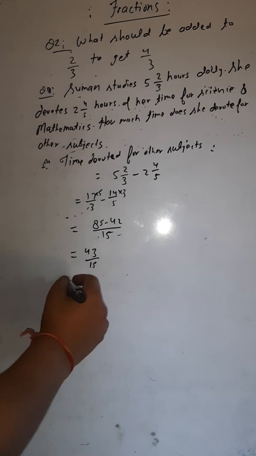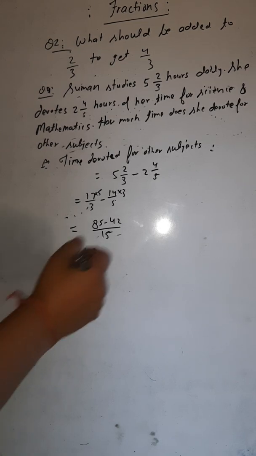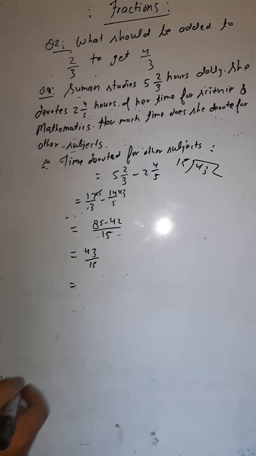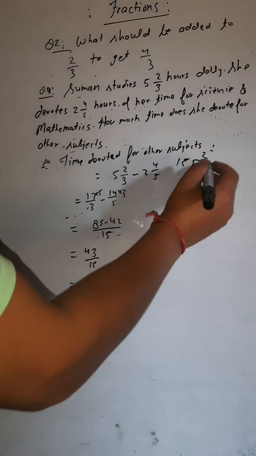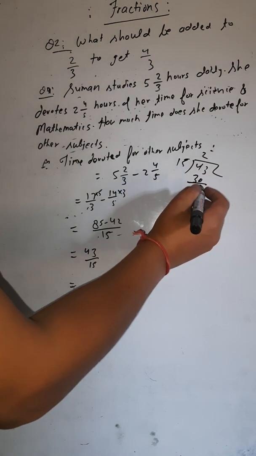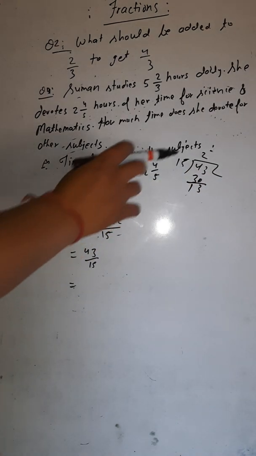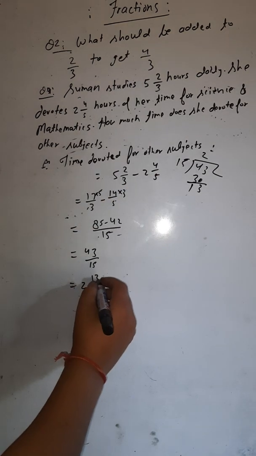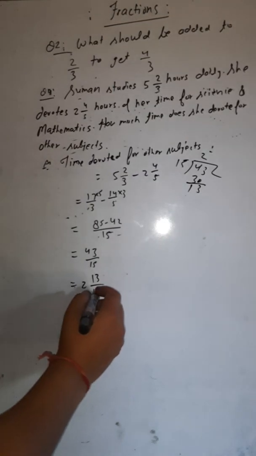Just you can simplify it also by dividing 43 by 15. How many times does 15 go? 15 twos are 30, 2 times. 13 is the remainder, so 2 is the quotient. Write it here, remainder is 13, and divisor is 15.